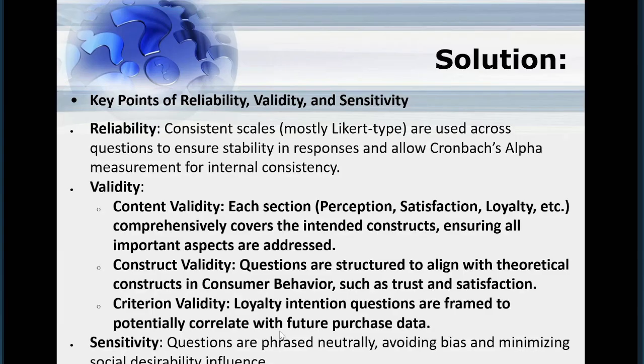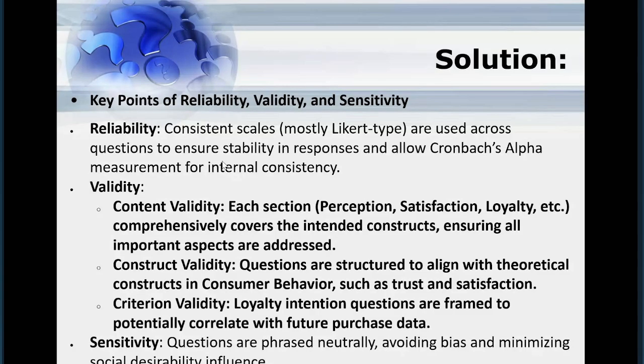Then we can see some key points related to reliability, validity, and sensitivity. As we have discussed, reliability indicates consistent scales. Consistent scales, mostly Likert type, are used across questions to ensure stability in responses and allow Cronbach's alpha measurement for internal consistency.